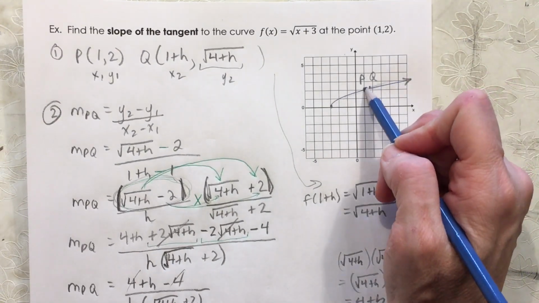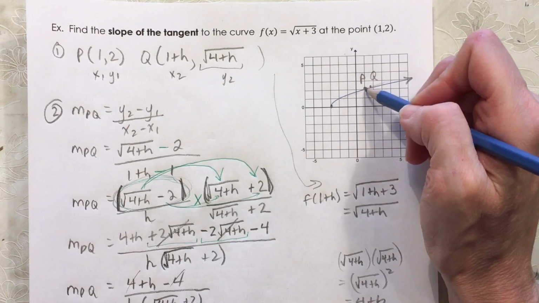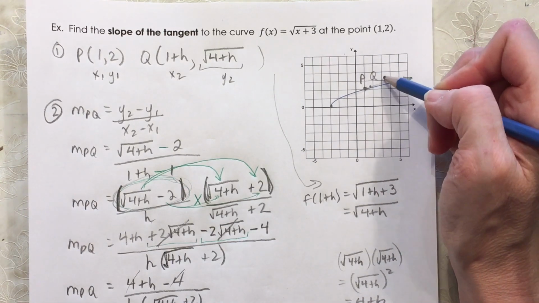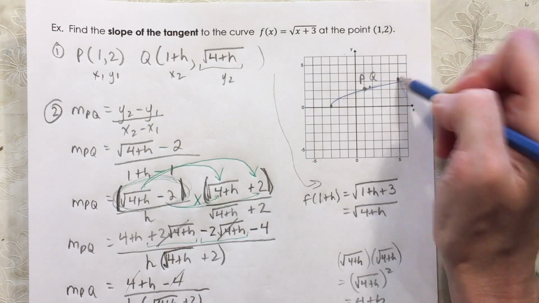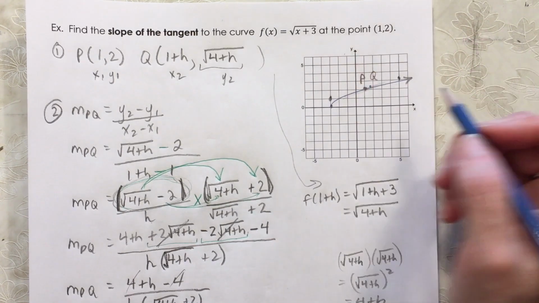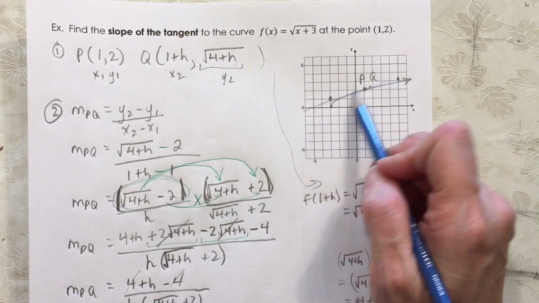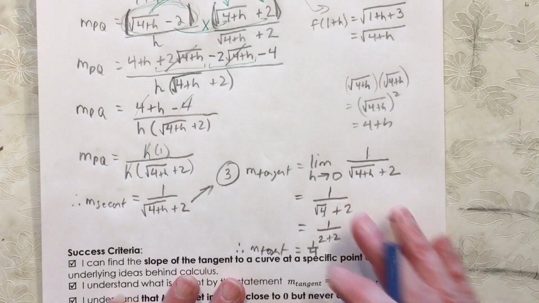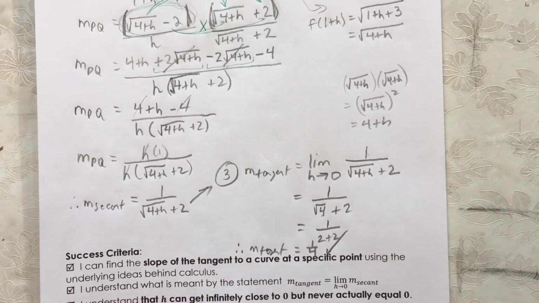We said it would be not very steep, and 1/4 means up 1 and over 4. 1, 2, 3, 4. Down 1, 1, 2, 3, 4. So you can see that the tangent would be not very steep and positive. So our slope of our tangent way down here makes sense.